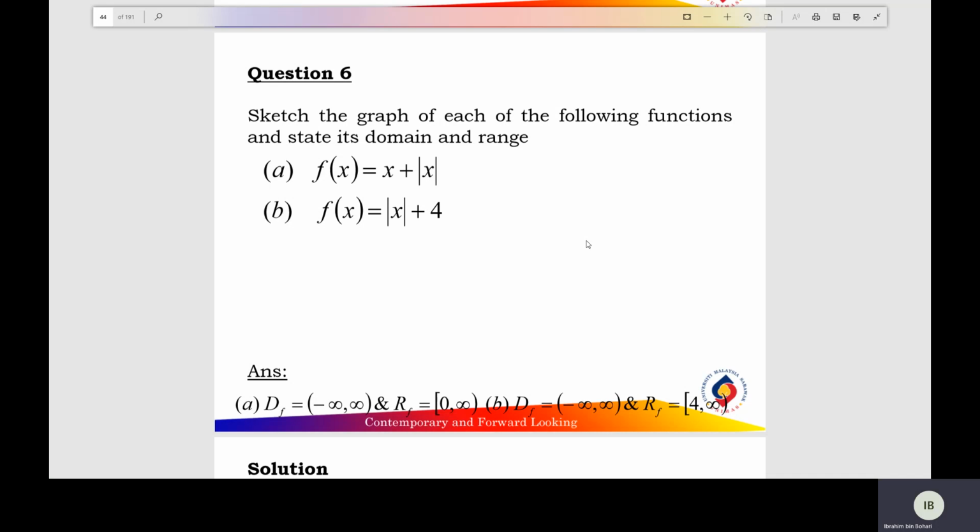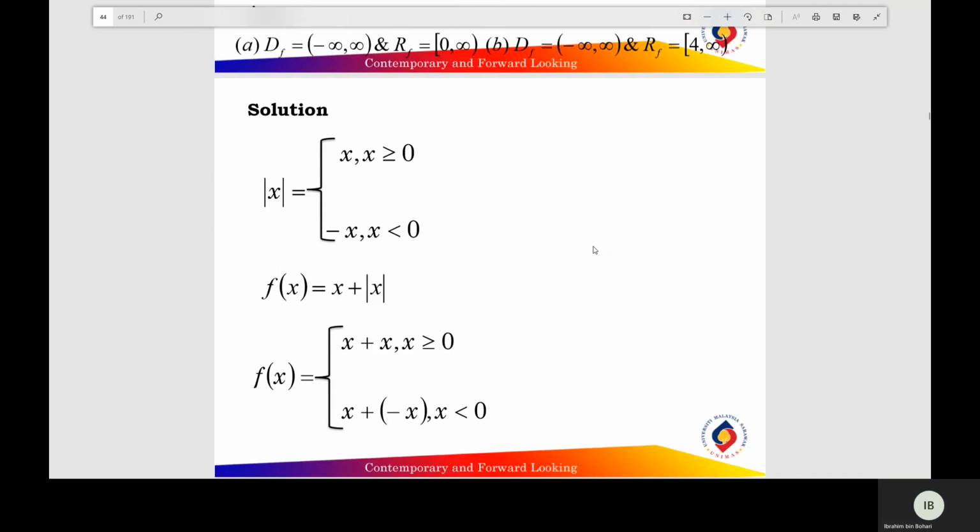Okay, question 6. Sketch the graph of each of the following functions and state its domain and range. Okay, question A, f(x) equals x plus modulus x. First step, you write down the function.